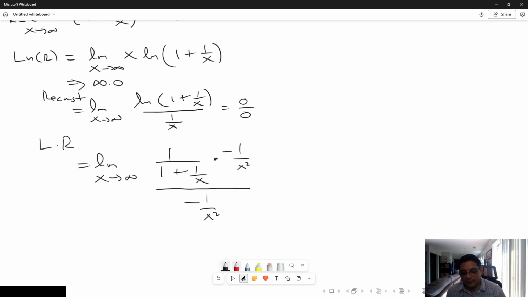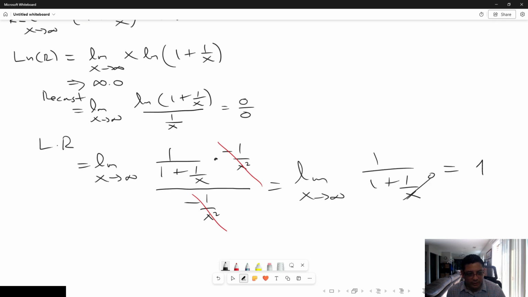So now, as you can see, I can cancel out some terms. This is going to be the limit when x goes to infinity of 1 over 1 plus 1 over x. This goes to 0, and so the limit overall becomes 1.